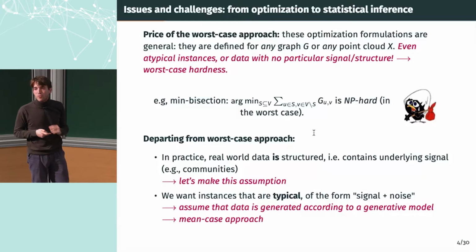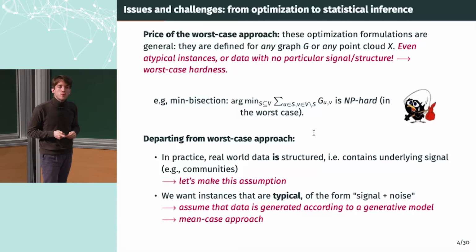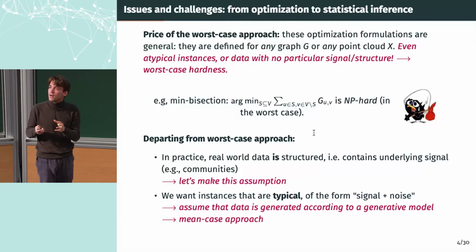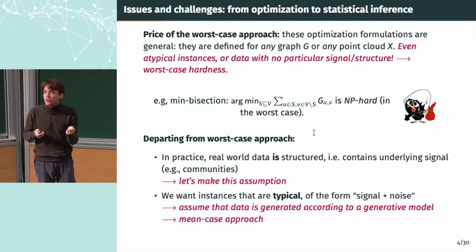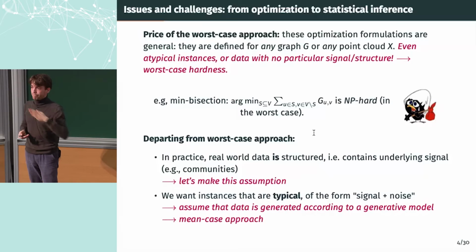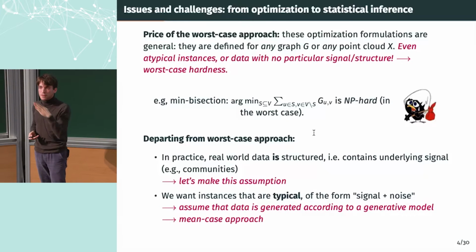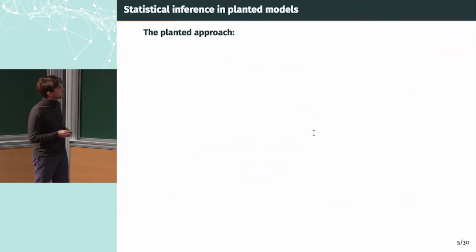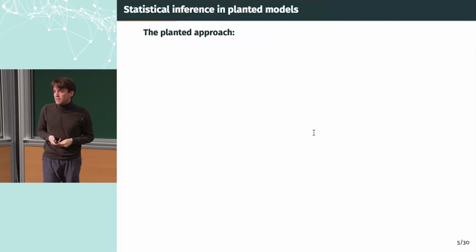This is often called the mean case approach, because now we're not looking at worst case instances. We know that the data has some kind of community structure, some kind of dense subgraph in it, some kind of direction in which there is a significant signal. And this is called the planted approach.